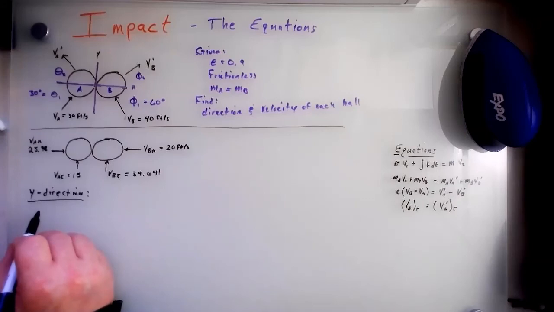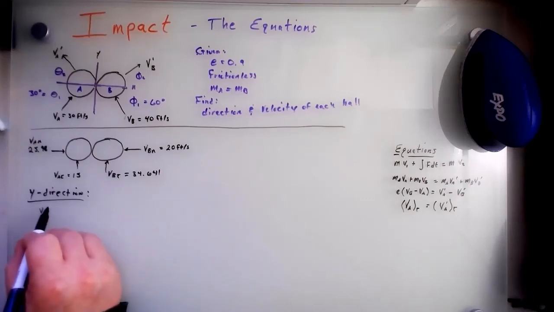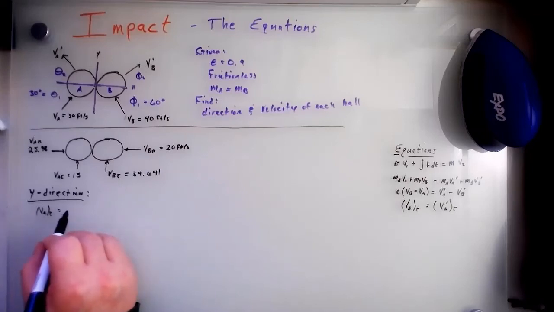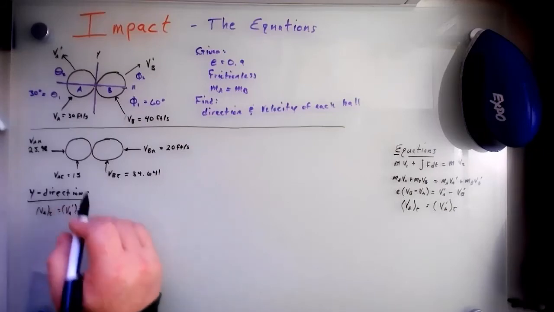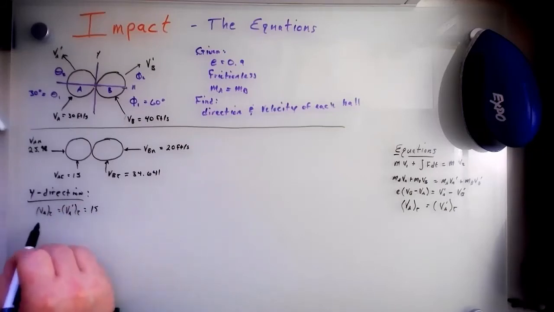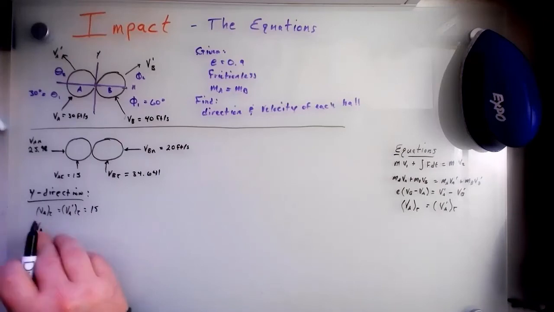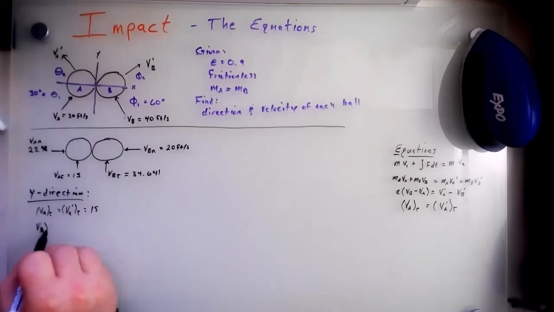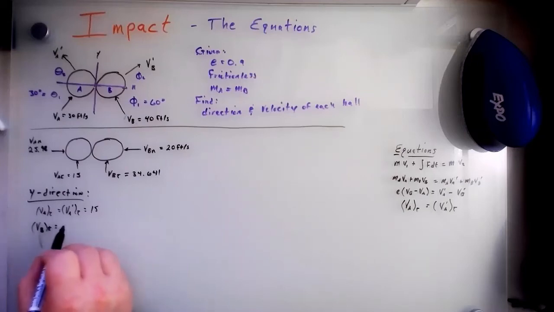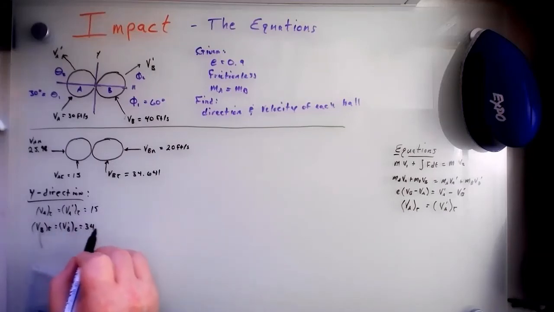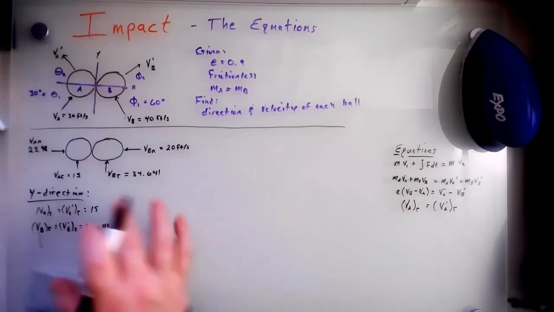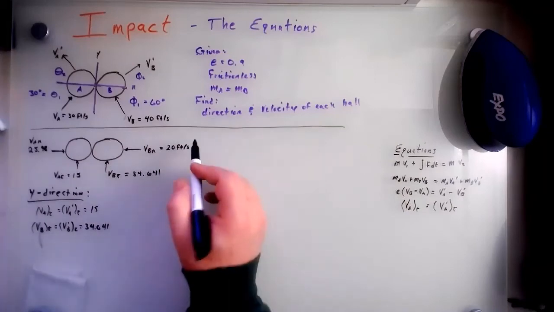So VA T is equal to VA prime T, which is 15. Similarly, VB T is equal to V prime B T, and that is 34.641.